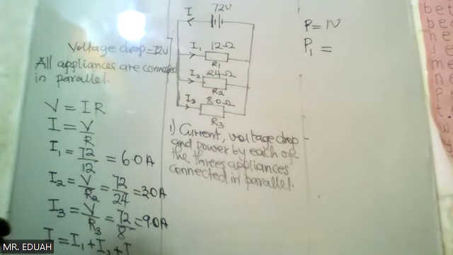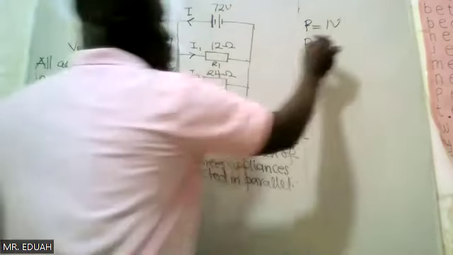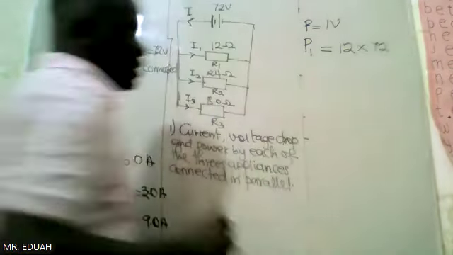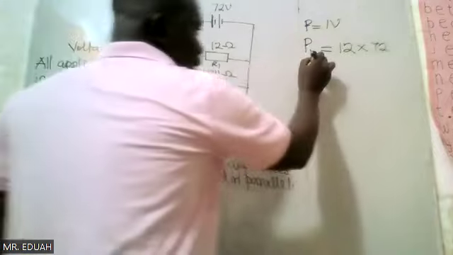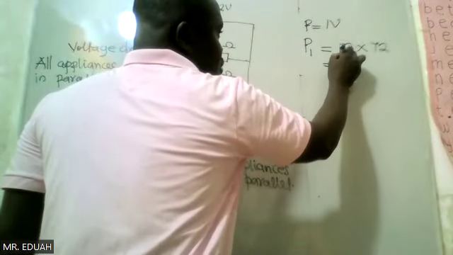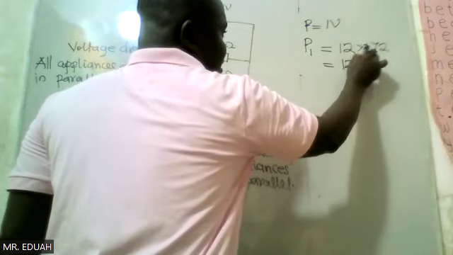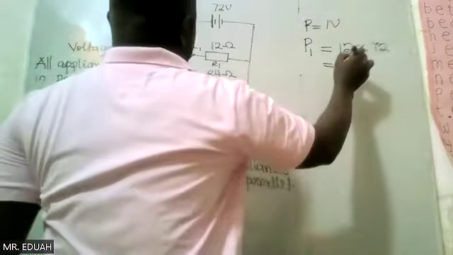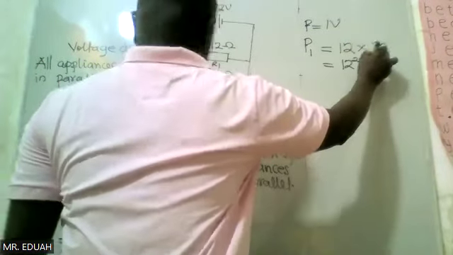P1, of course, would be equal to 12 times 72. I can also calculate for P1 using 12 squared times its resistance, which is 12.